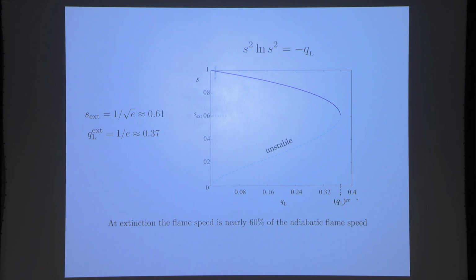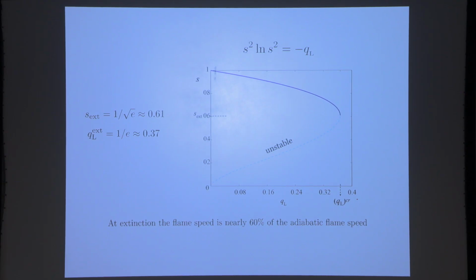The understanding of this curve is under the assumption that the lower part is unstable, both phenomenologically, because if you add heat loss and you increase the speed, it is not physically realistic, but also you can verify mathematically that it is unstable.